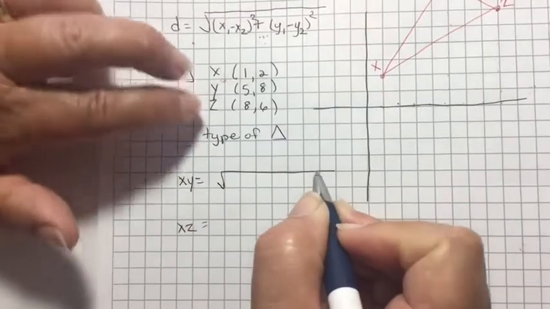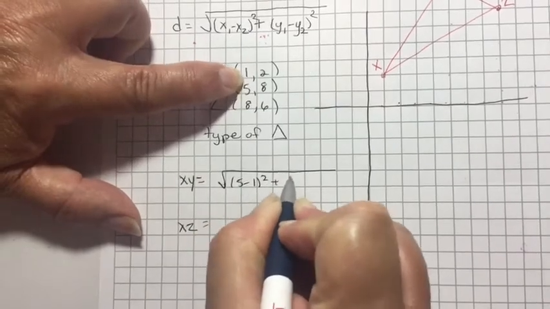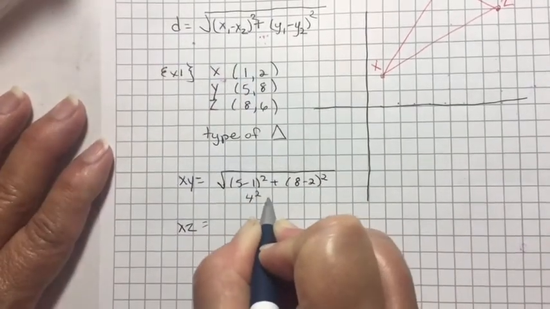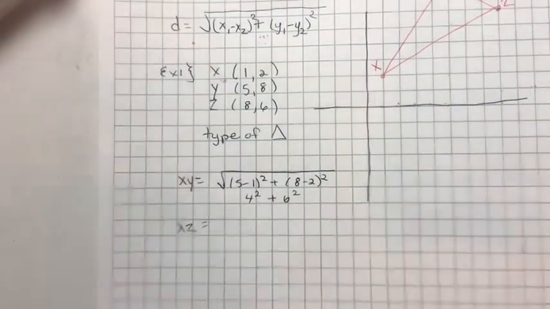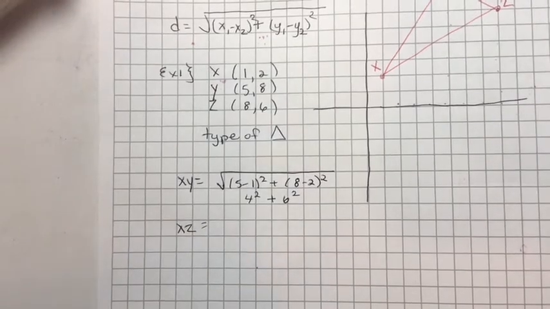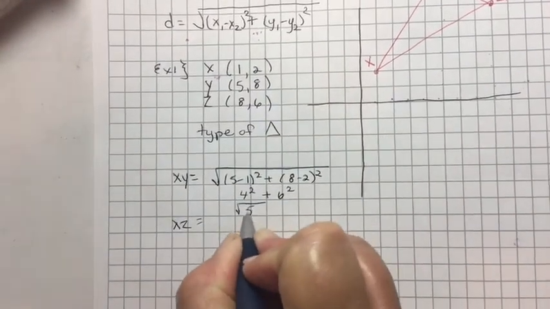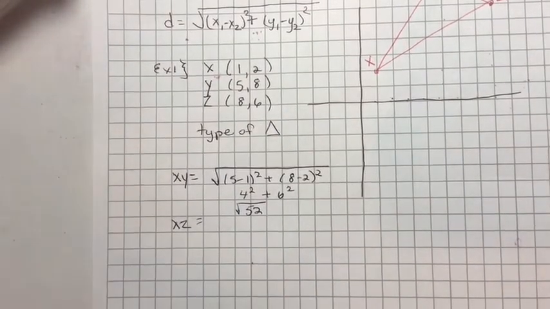So for XY, I'm going to go ahead and do 5 minus 1 squared and 8 minus 2 squared. And I have 16 plus 36. So I'm going to end up having to figure out what the square root of 52 is. Just going to leave it like that for right now.